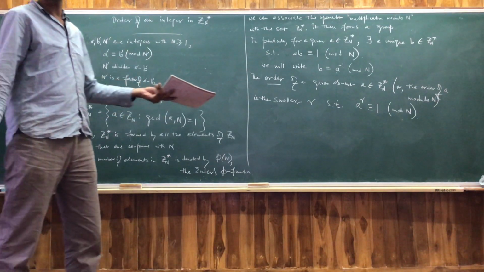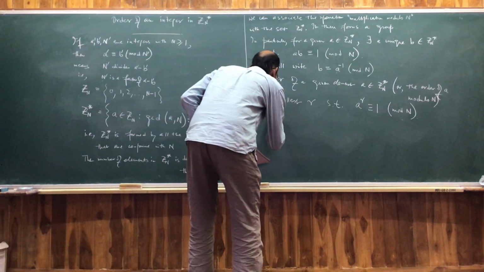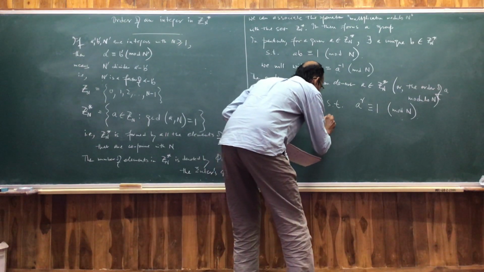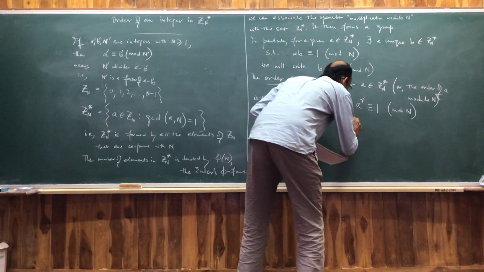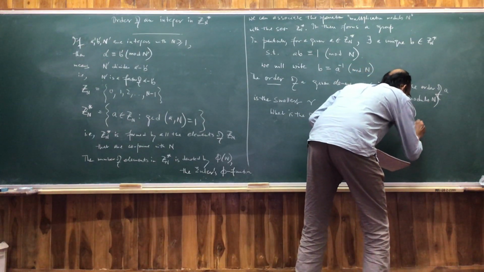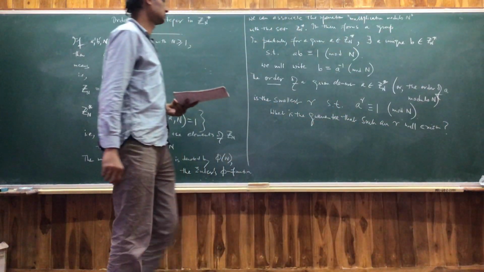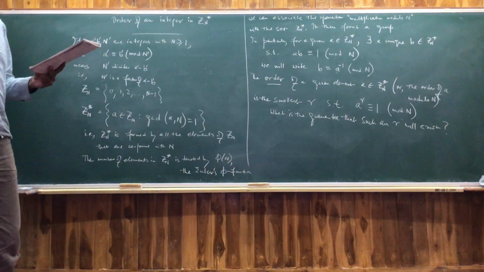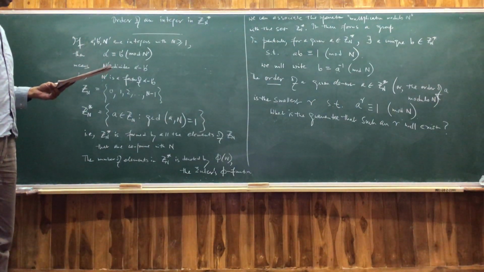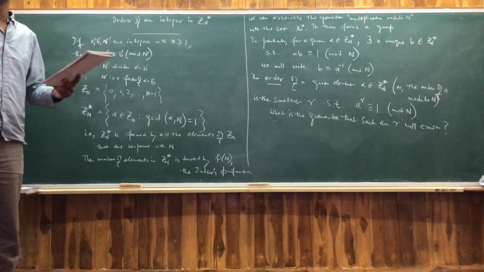Well, you can ask, what is the guarantee that such an r will exist? Does being a group satisfy this?